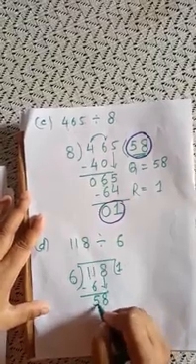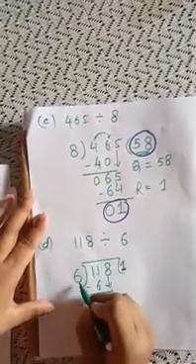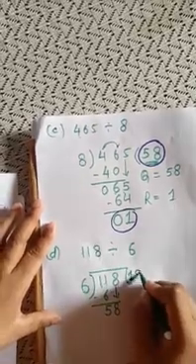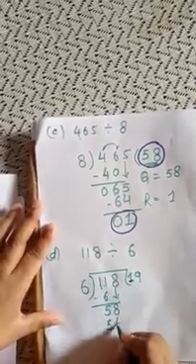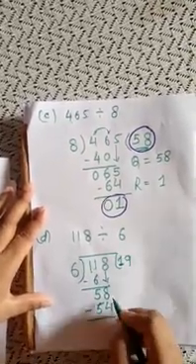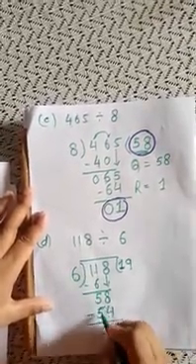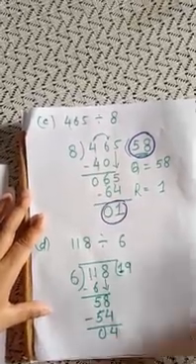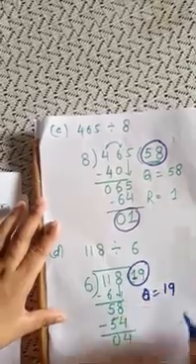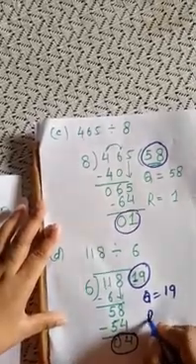Now it becomes 58. Now start the table of 6. 6 nines are 54. Right, we subtract 58 minus 54. So 8 minus 4 is 4, 5 minus 5 is 0. So here, children, this 19 is quotient and this 4 is remainder.